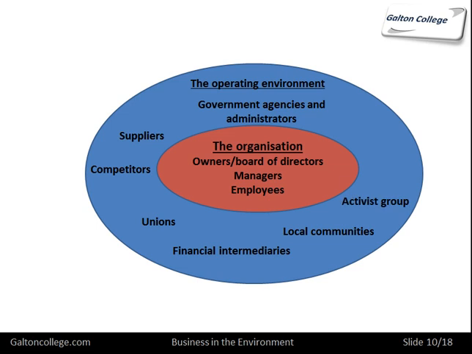Perhaps it's making a product which might be controversial, and activist groups may be interested in scrutinizing the business and making sure that it's produced ethically and its behavior is not offensive to some groups. So there may be activist groups involved in watching the business as well.